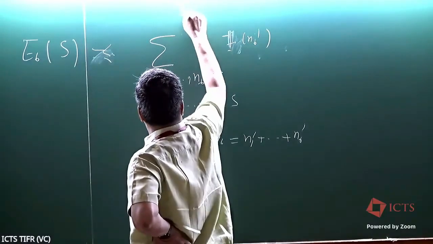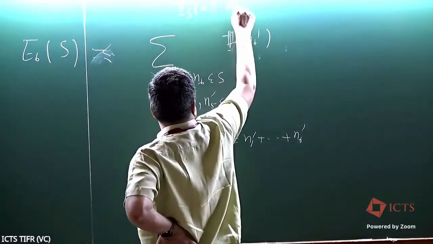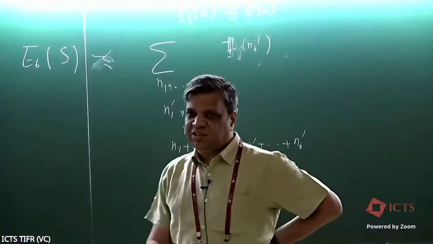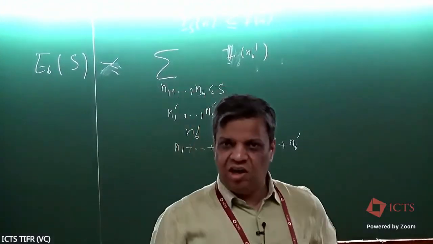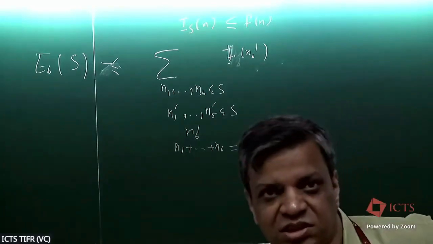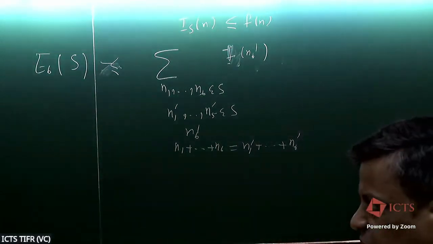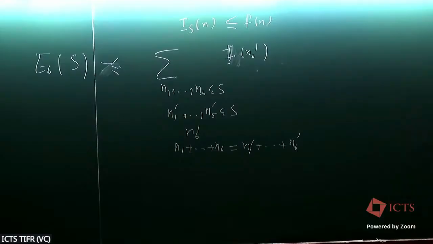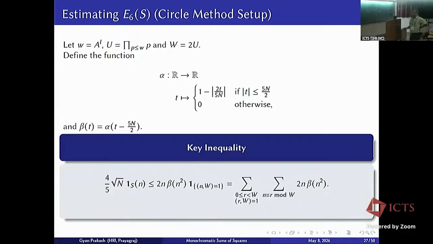So if indicator function of Sn is less than or equal to some other function fn, then I will get this bound inequality because these are all sums of non-negative functions. Okay, and that is what we use here because indicator function of S is less than or equal to 2n beta n square, and this is essentially square root n.